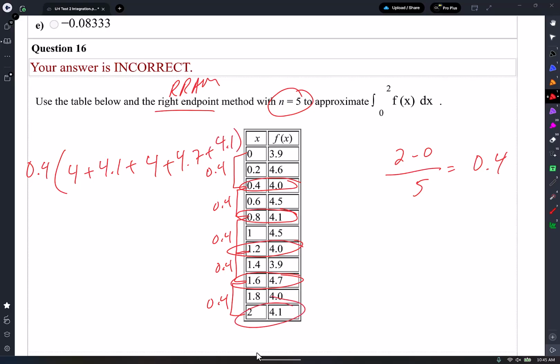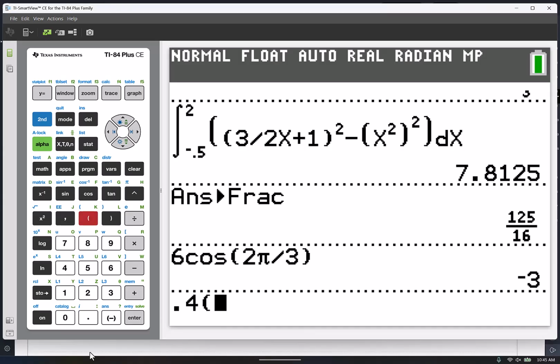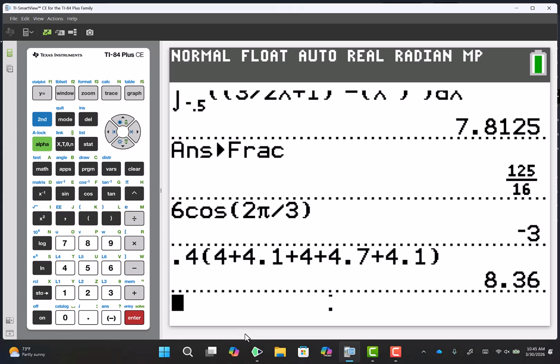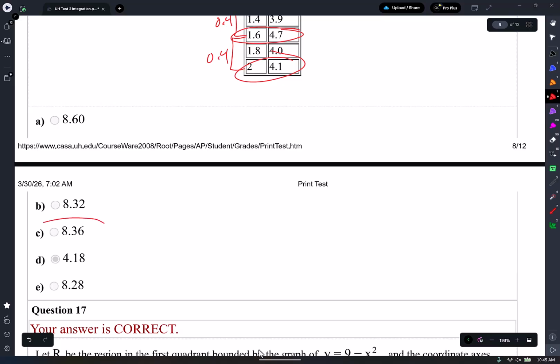Type that in the calculator: 0.4 times parenthesis 4 plus 4.1 plus 4 plus 4.7 plus 4.1. I got 8.36.